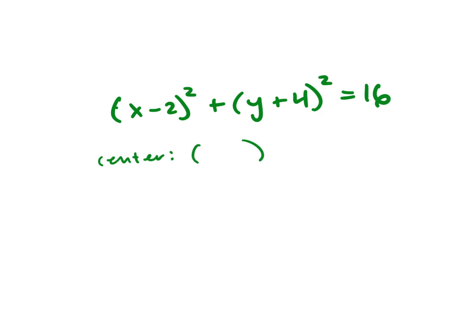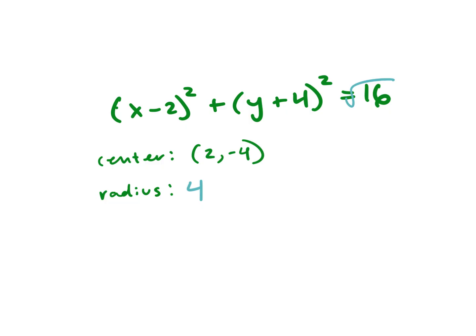What would our center of the circle be here? It would be 2 comma negative 4. You always switch the sign of your h and k. What would our radius be? Take the square root of what it's equal to, so our radius would be 4.